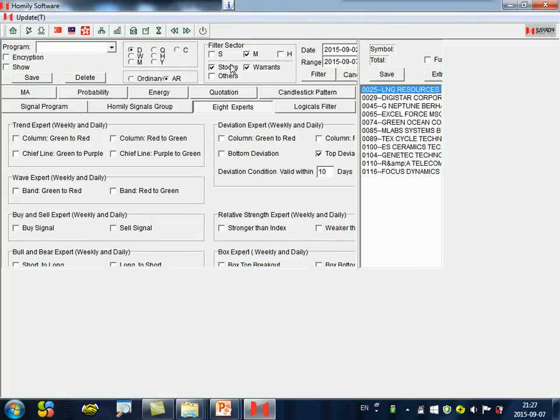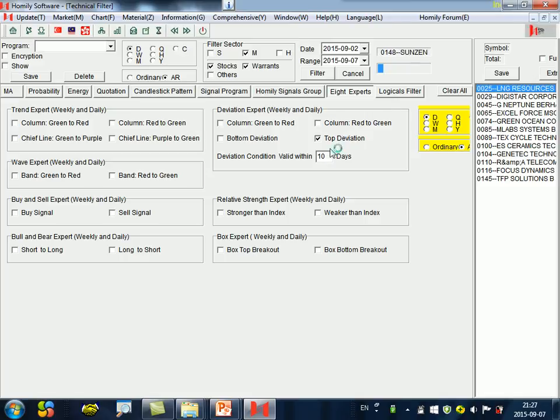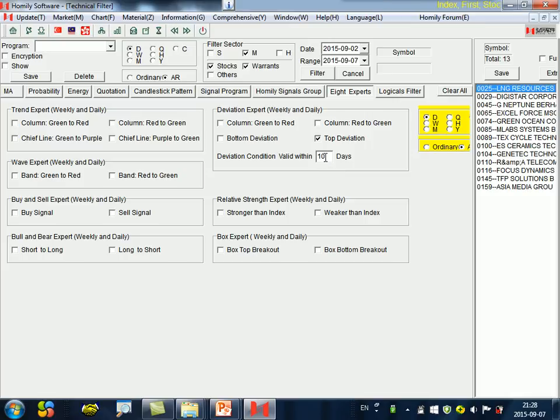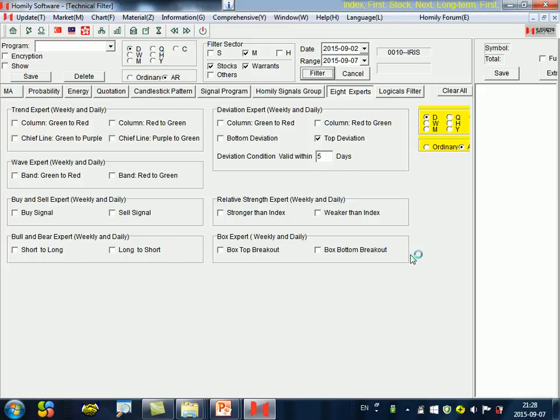So 5 days. Sell point, yeah, sell point.